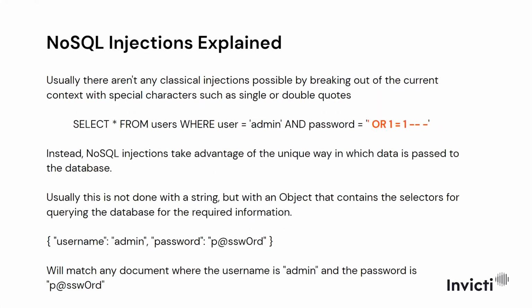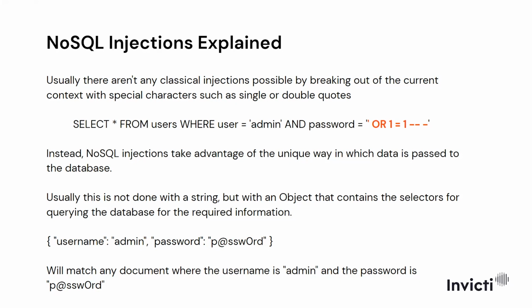So usually there aren't any classical injection attacks possible, at least not in the MongoDB operator kind of attack. As you see below, in SQL injection attacks you would have this structure that you can break out of and alter the meaning of the query by just putting in a string. But that doesn't work in NoSQL injection attacks.